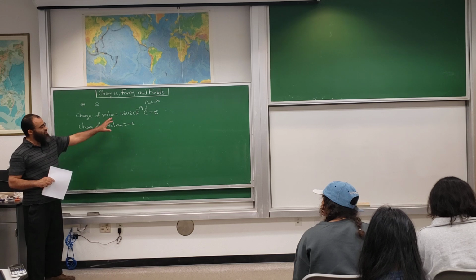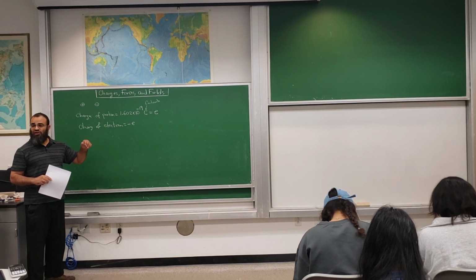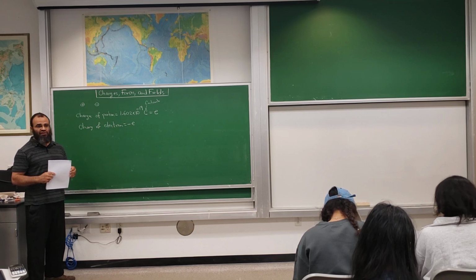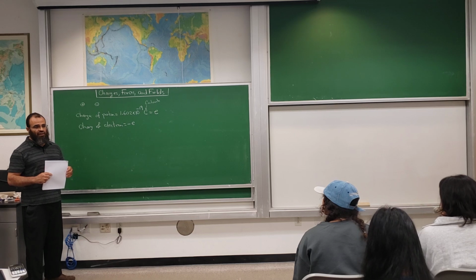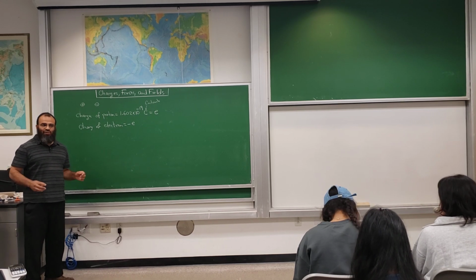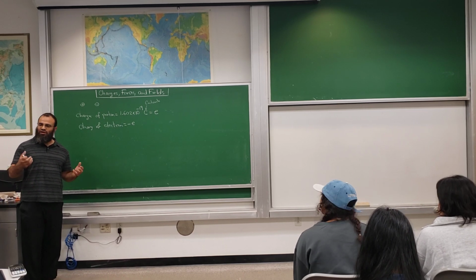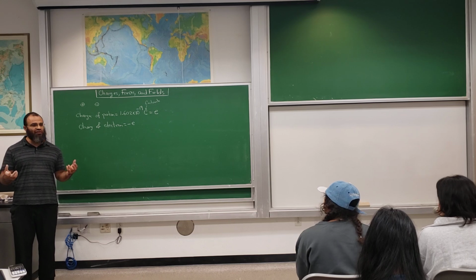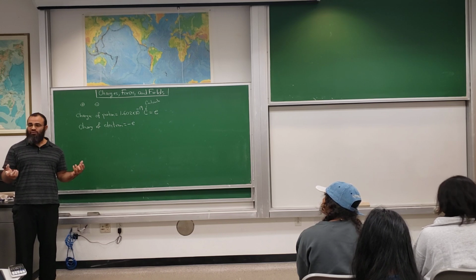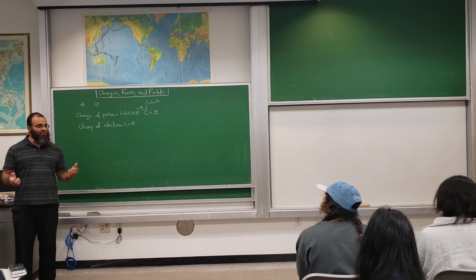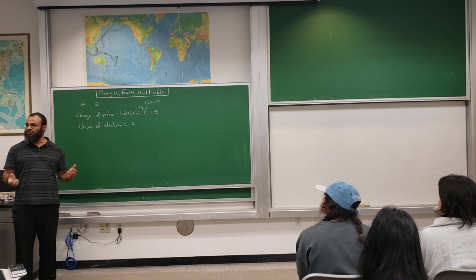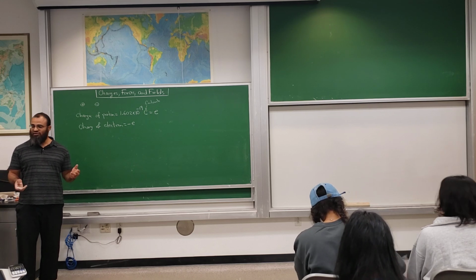Charge is measured in a Coulomb. That's the unit. Now, more experiments show that if charges are both positive or both negative, like charges, they will repel. And if they're opposite, they will attract. So like charges repel, opposite charges attract.